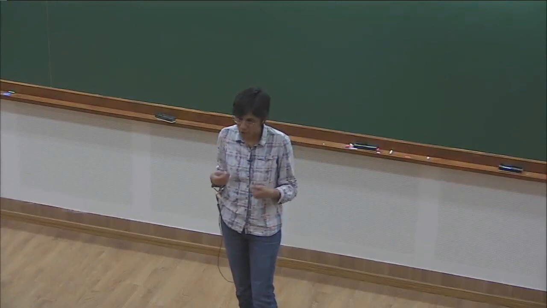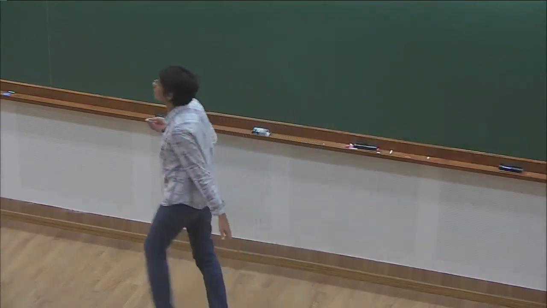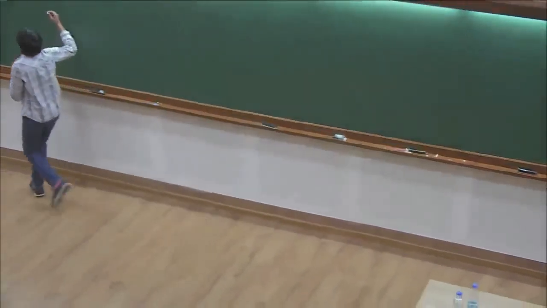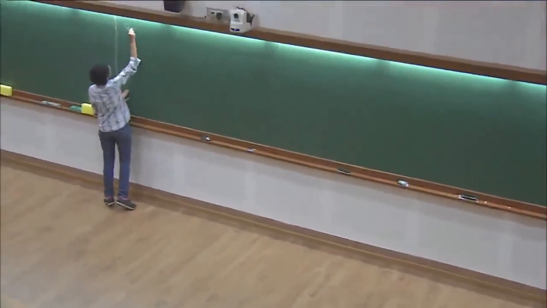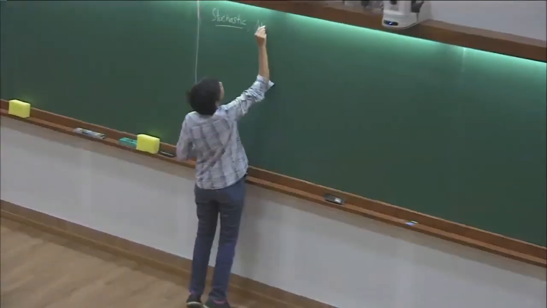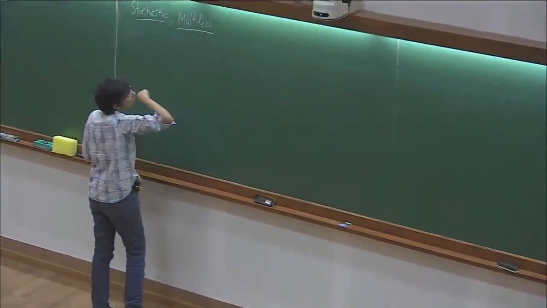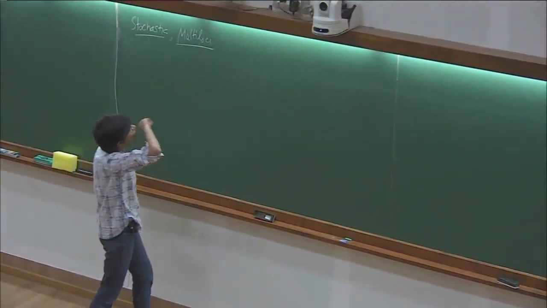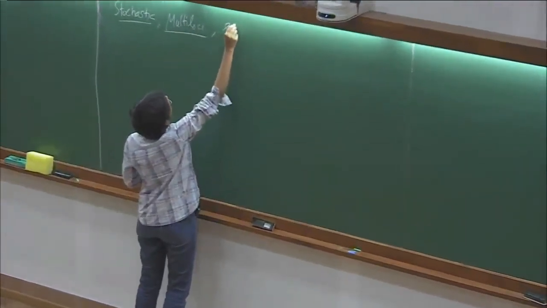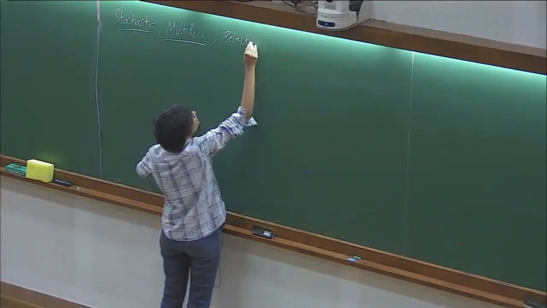But I also want to explain a couple of biological questions of interest. In all these cases, I'll already have random genetic drift, selection and mutation.